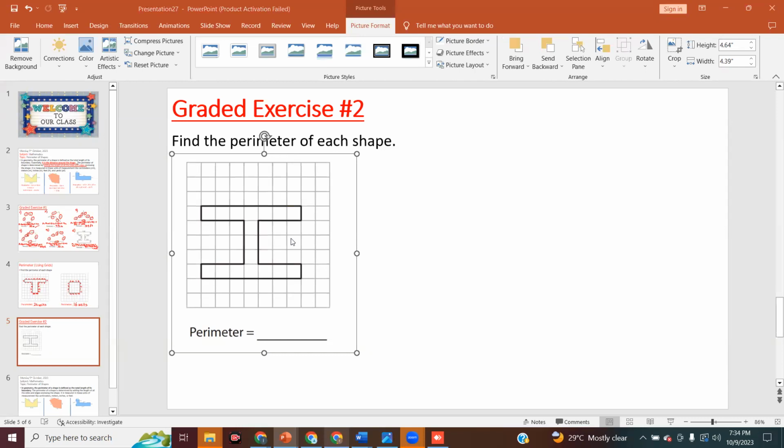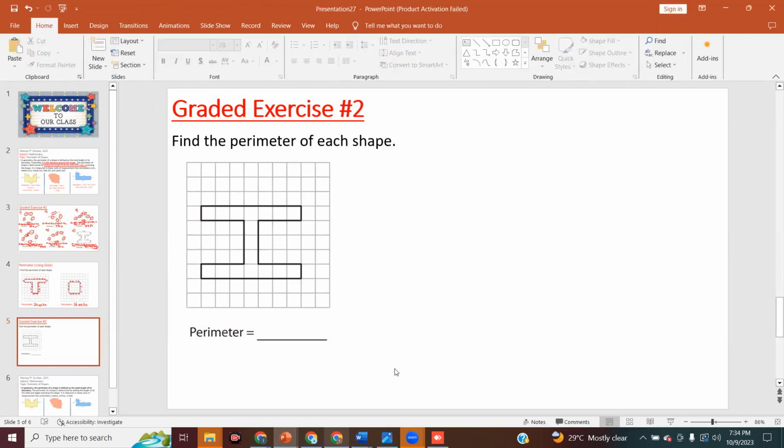So we have an I. Find the perimeter of this one. What is the perimeter of this shape? Make sure you draw the image. Casey, we have to draw. Yes, draw the image.